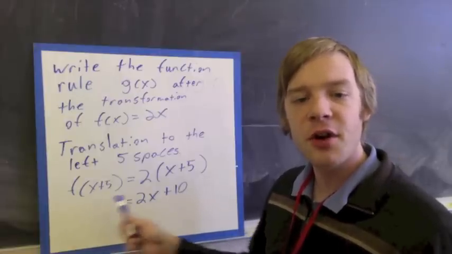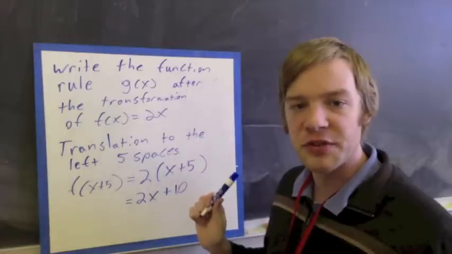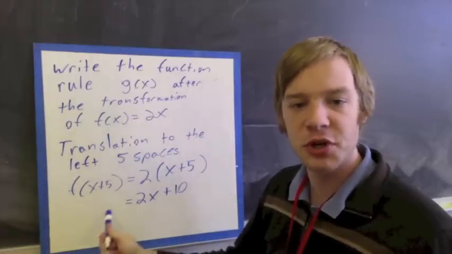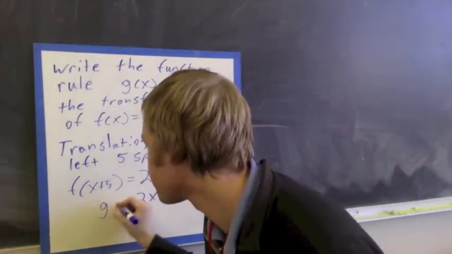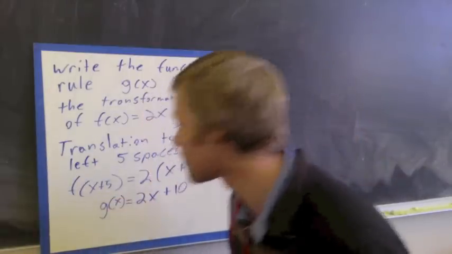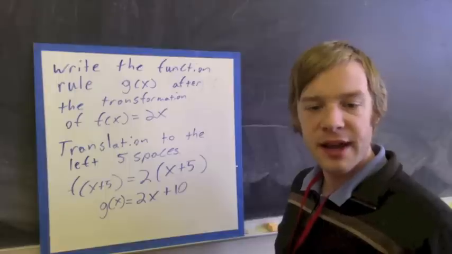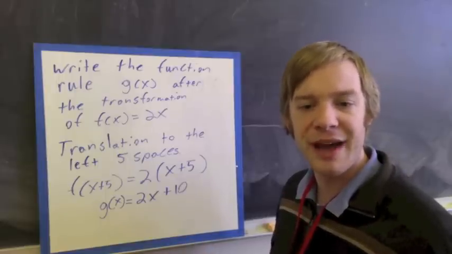Now, rather than calling this f of x plus 5, we're just going to call this g of x because we're told that the name of our new function is going to be g of x. So I'm just going to call this g of x down here. So this is our answer right here. We're done with this, and this isn't anything dramatically new, but it's just wording questions in a way that we haven't seen before.